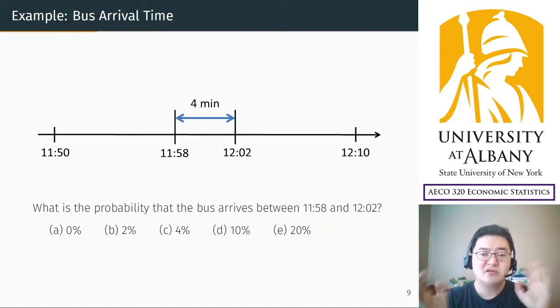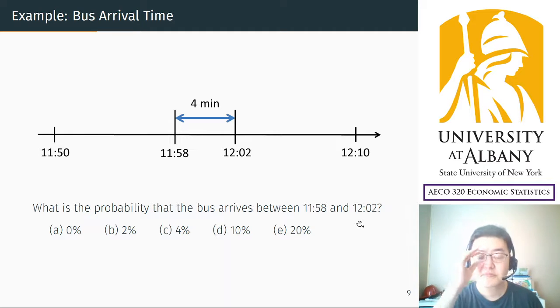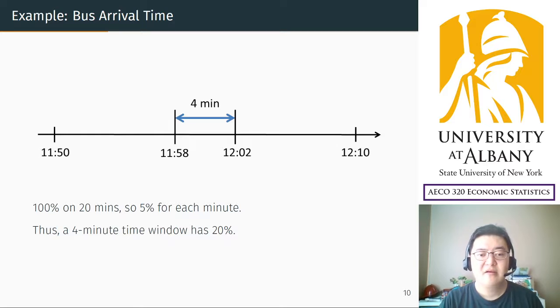Remember, plus or minus 10 minutes contained 100%, and probability is proportional to the length of the interval. What is the answer? The answer is 20%, because 100% was put on 20 minutes.